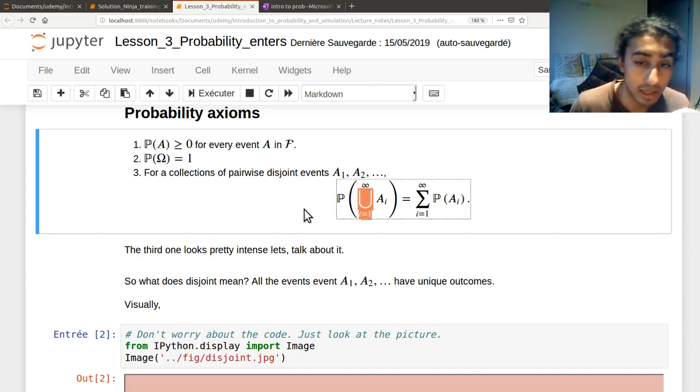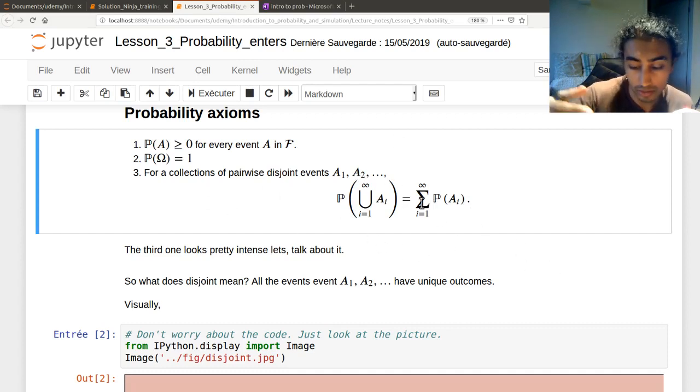This is called the third probability axiom, infinite additivity, and you want to turn this into finite additivity, which means you sum up to a finite number of sets. I'm just going to say that's true. You can do it to a finite number of sets.